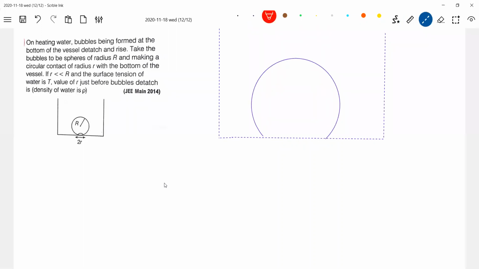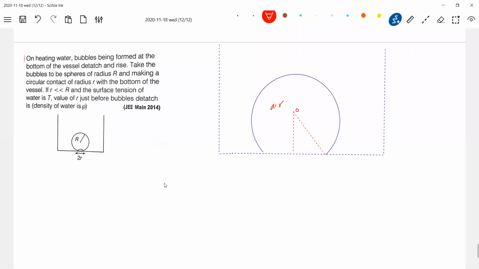This will be the radius. Everything is here, and the surrounding is what? Water. Please try to imagine all the things. It's a bubble, so I'll draw it with a thick line.